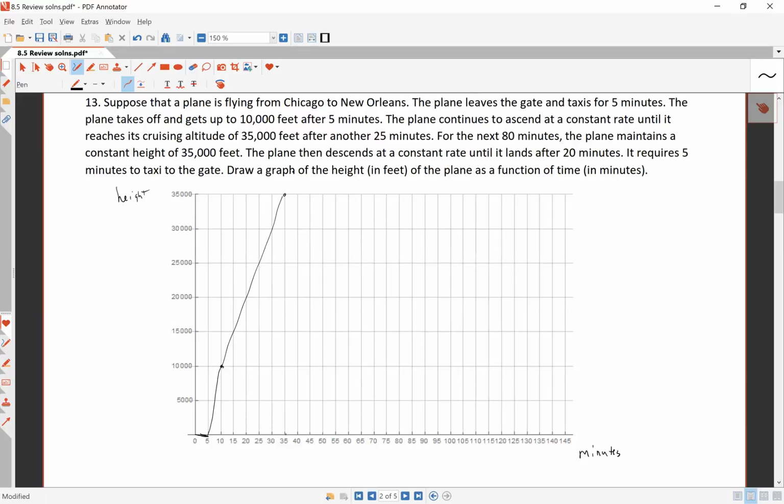For 80 minutes, after 35 minutes, at 115 minutes, the plane maintains a constant height of 35,000 feet.